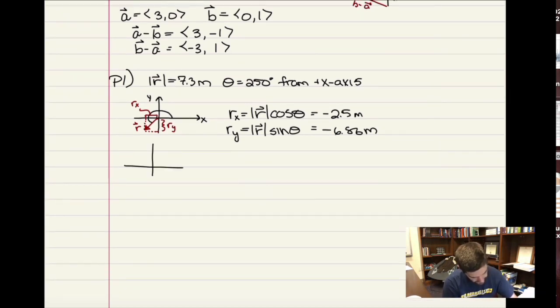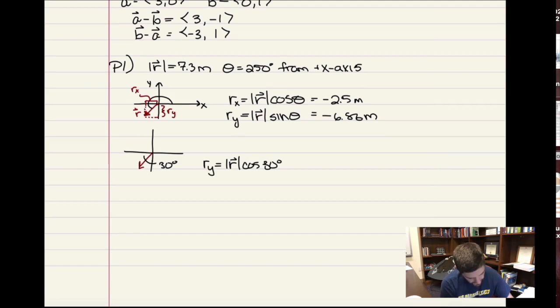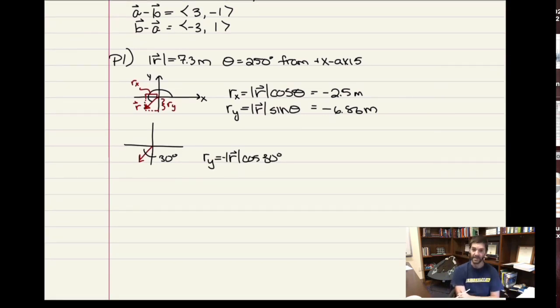Alternatively, I could have thought, well, if this is the vector, and that other angle is 250 degrees, then this angle is 30 degrees. But then I have to be careful what I'm measuring, because then the y component is r cosine of 30 degrees, and I have to manually throw in the negative sign, because I know the answer must be negative, but r cosine 30 is not going to be negative.